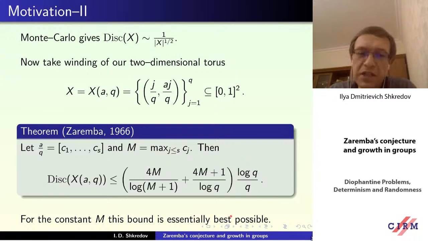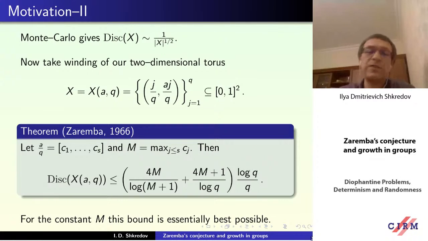And you see that if my M, this maximum, is really constant, then this multiple is constant, and you see that the upper bound coincides with the lower bound of Schmidt.